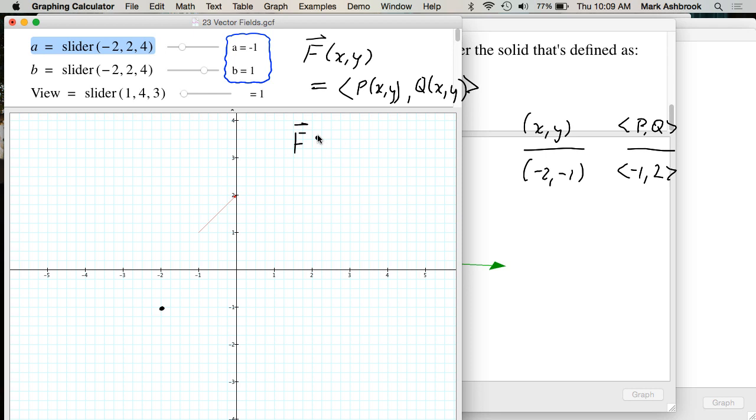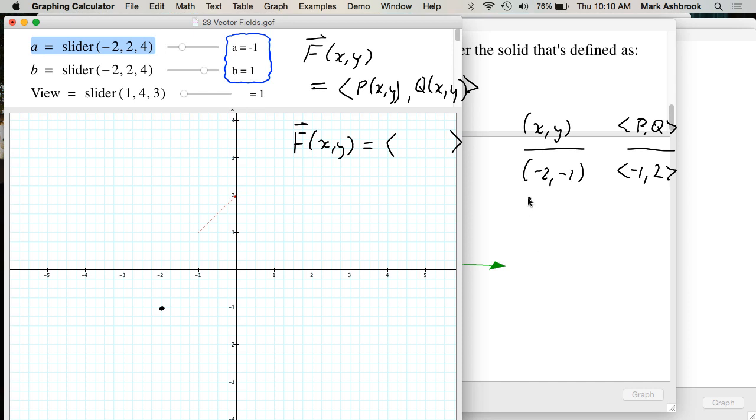Okay, how can we now write the rule for this vector function? What would be the rule for this vector based on the 4 locations and associated vectors that you wrote down? What do you think the rule is?